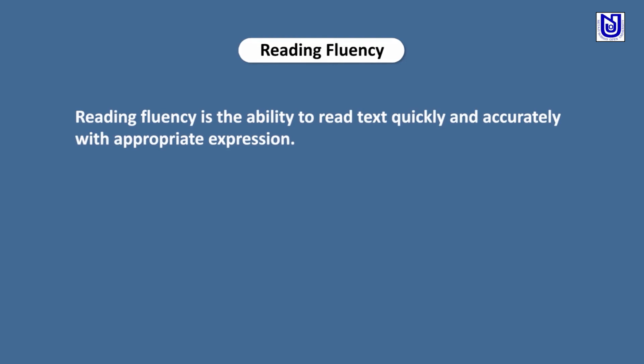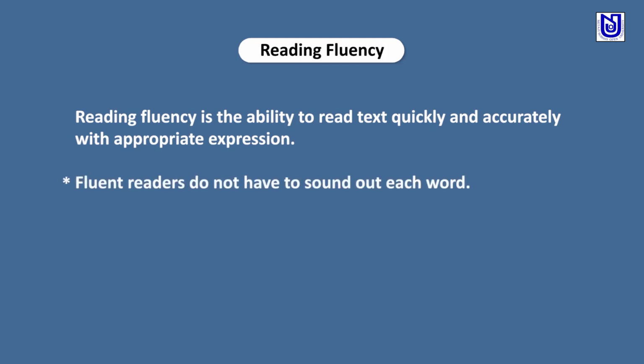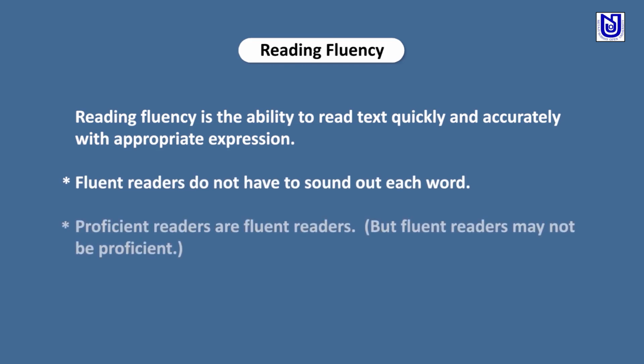Reading fluency is the ability to read text quickly and accurately with appropriate expression. Fluent readers do not have to sound out each word. Proficient readers are fluent readers, but on the other hand, fluent readers may not be proficient readers.